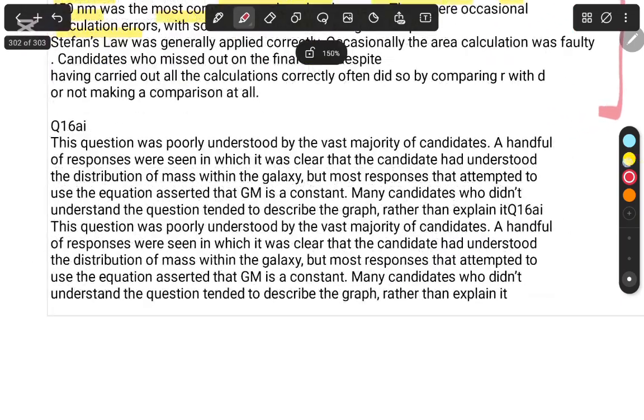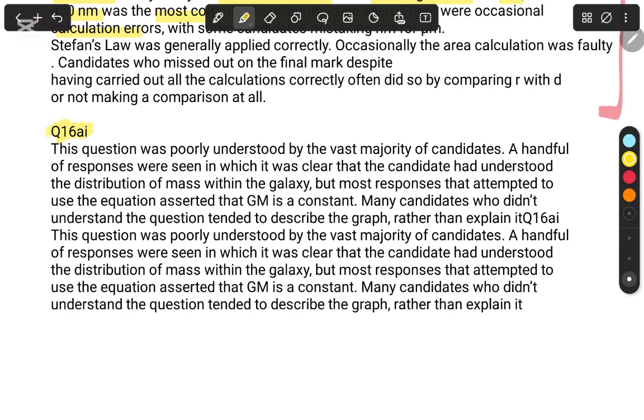But the real problem came in this other question that we did, question number 16. This is all from the, I think, Jan 2022 or 2021 paper, I'm not sure, but it's from that paper. And it says that this question was very poorly understood by most of the candidates. Most of the people didn't understand, and they just simply described the graph rather than explain what's happening.